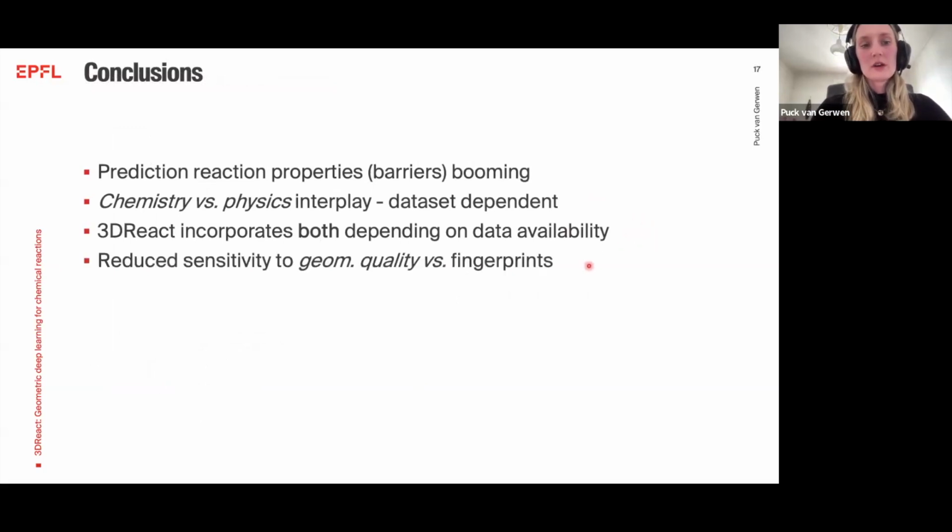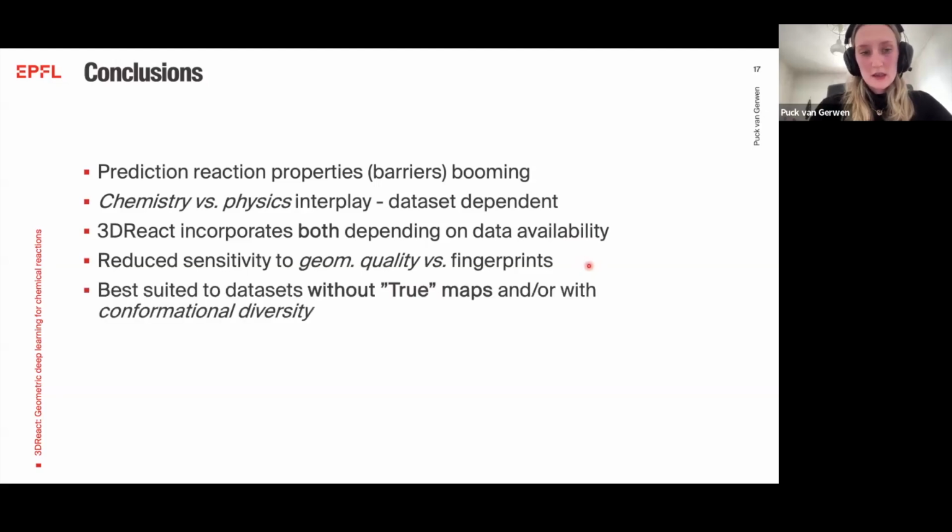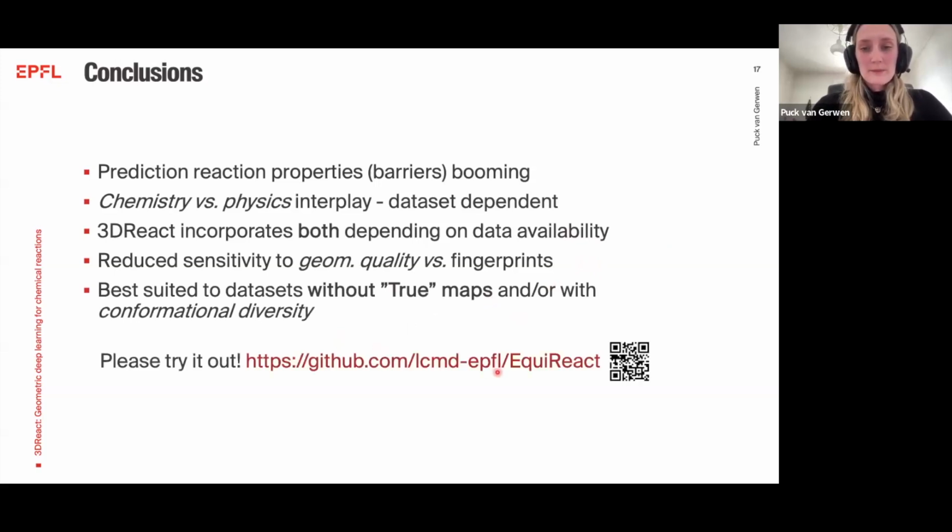We also show that it has a much reduced sensitivity to the geometry quality. And I still think these kinds of models are best suited to datasets without the true maps. In particular, they're very well suited to datasets with conformational diversity, like this Proparg dataset that I showed you. And I would welcome you to please try it out and tell me if you find some other interesting data sets or have some ideas.